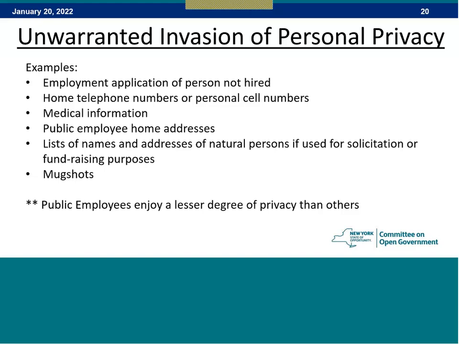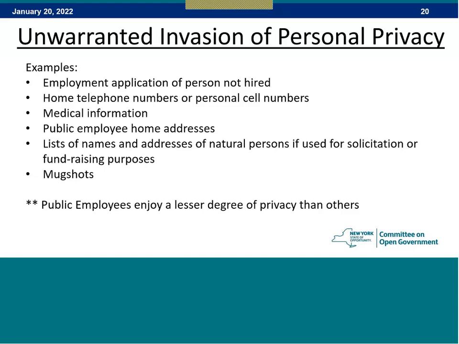So for example, if someone makes a FOIL request to the town clerk for a copy of the names and addresses of people to whom dog licenses have been issued in the past 10 years, the records access officer can require that the individual making the request certify that they will not use that information for solicitation or fundraising purposes.